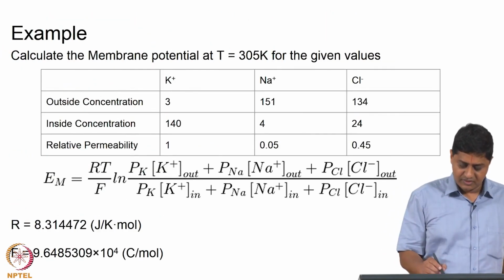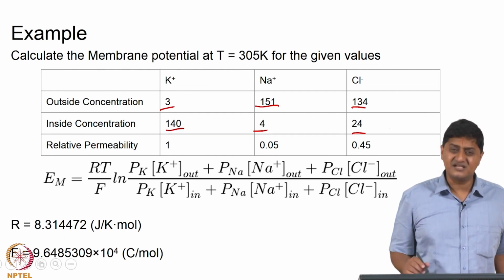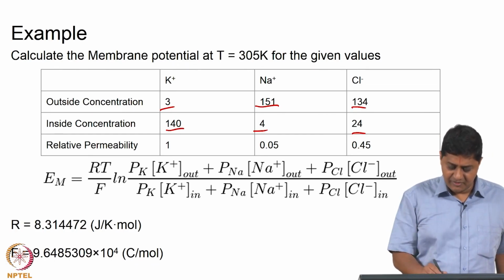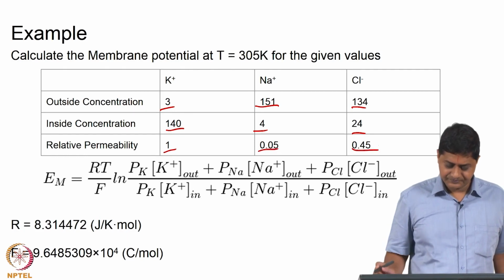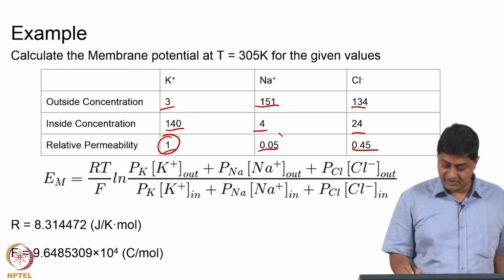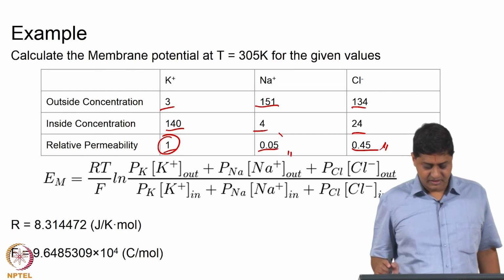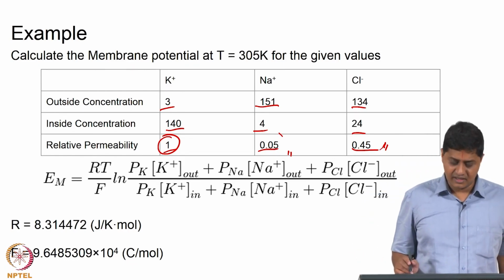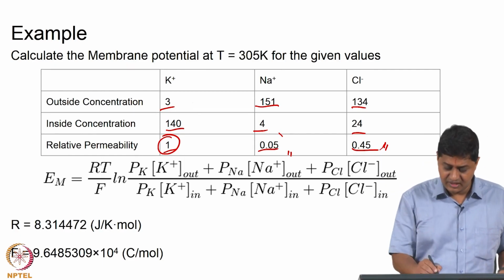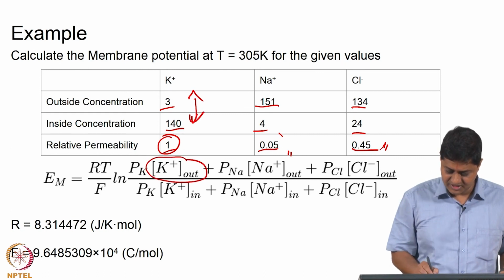Let us suppose I know the outside concentration and the inside concentration for these ions. These are typical concentrations, similar to the typical concentrations that we saw earlier, and this is the relative permeability. Note the permeability for potassium is relatively high when compared with that for sodium and chloride. So you would expect EK and EM to be close to each other, but here we are not substituting EK, we are only talking about concentration gradients, because this is K plus outside and inside.